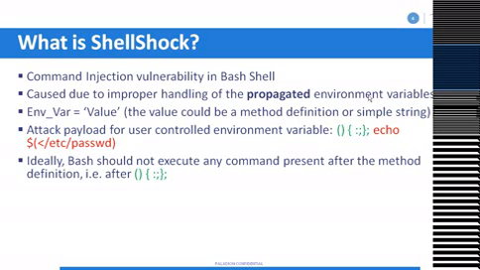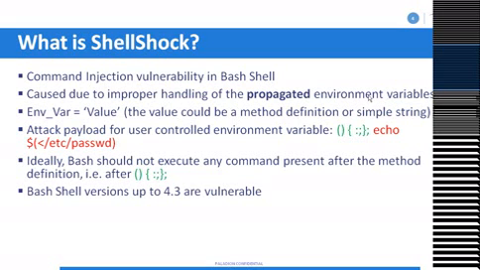Hence, it doesn't know what to do with that additional string that is coming after the method definition. So the bash program takes it as a command and tries to execute that command. That is how an attacker is able to execute arbitrary commands using this vulnerability in the bash interpreter.